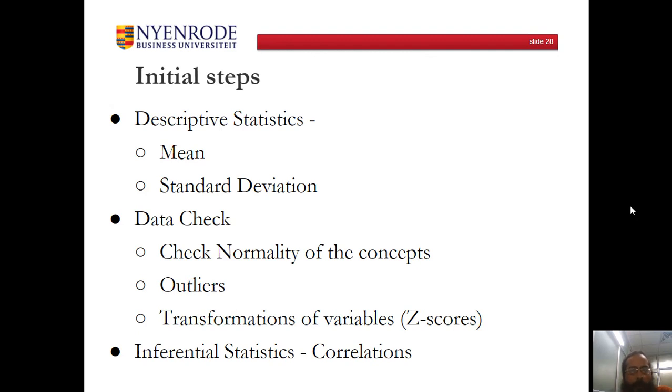Descriptive statistics usually deals with things like mean, mode, median, standard deviation, etc. And in the data check phase, we check whether the data is normally distributed, and if there are any outliers.